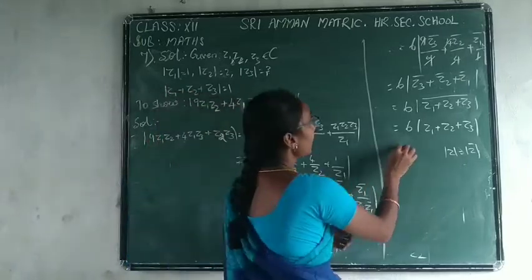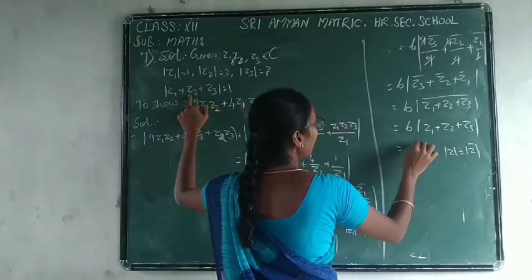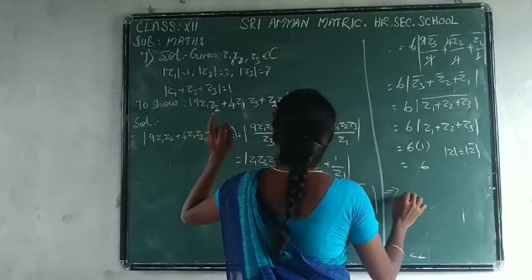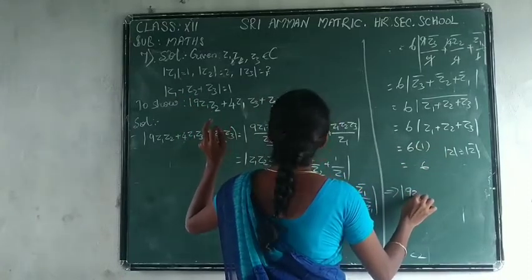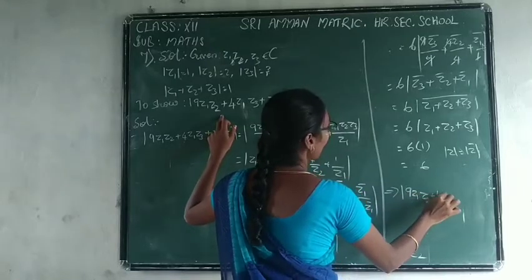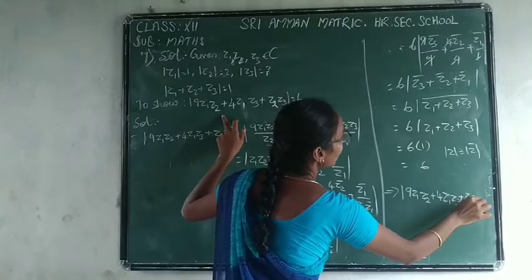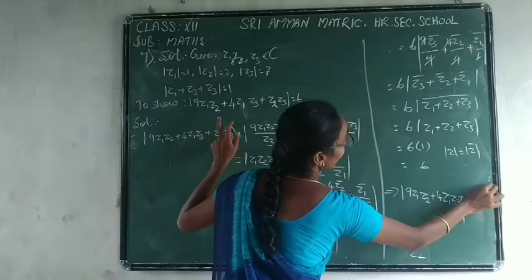What is the value of modulus of z1 plus z2 plus z3? 1. So 6 into 1 is 6. Next, modulus of 9 z1 z2 plus 4 z1 z3 plus z2 z3 equals 6.